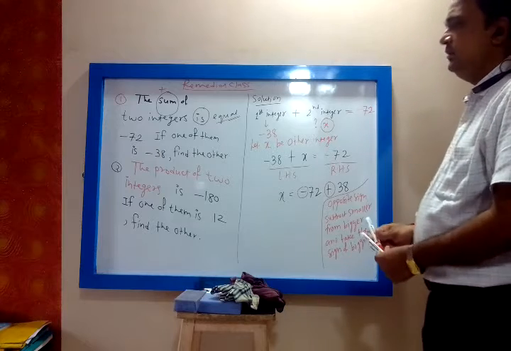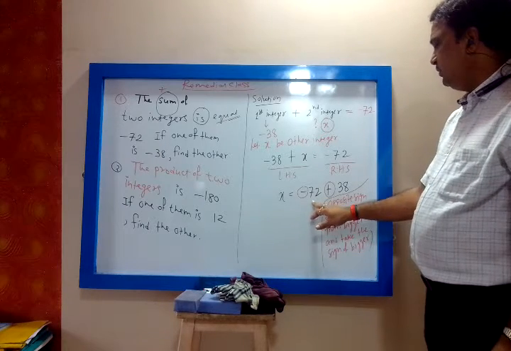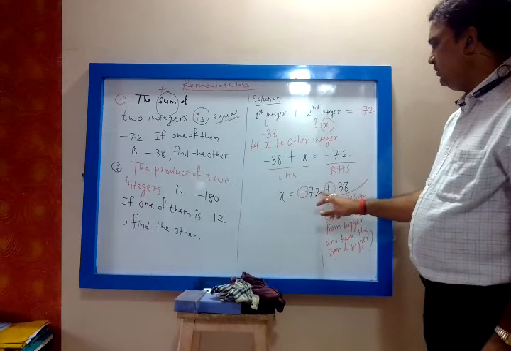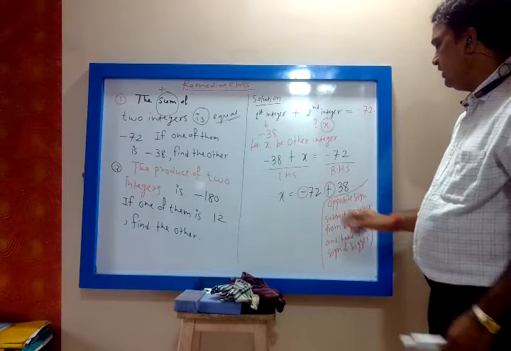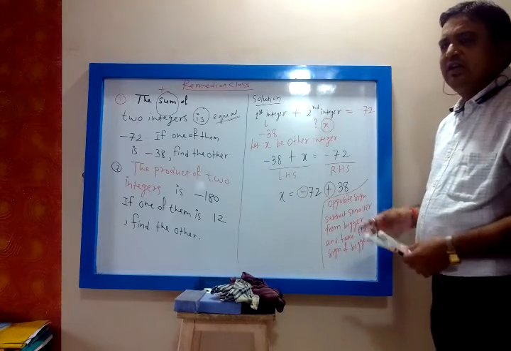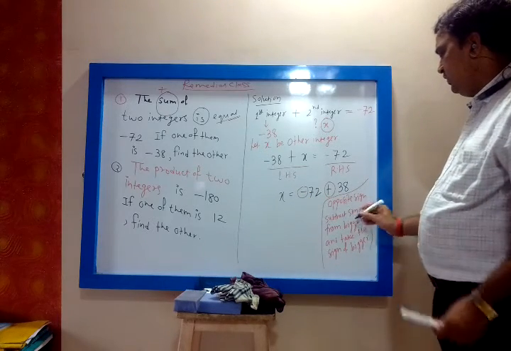So now you tell me, minus 72 and plus 38 have opposite signs. Whenever they have opposite signs, what will you do? You will subtract.